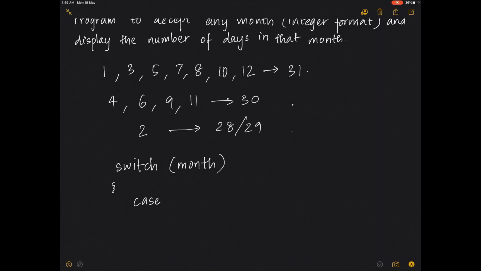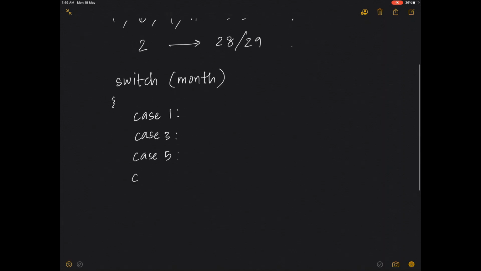Let's say if you're writing common for 1, so you can write case 1, case 3. Here we're using the logic without a break statement. So case 7, case 8, case 10 and case 12. For all these, I'm going to print 31 days.